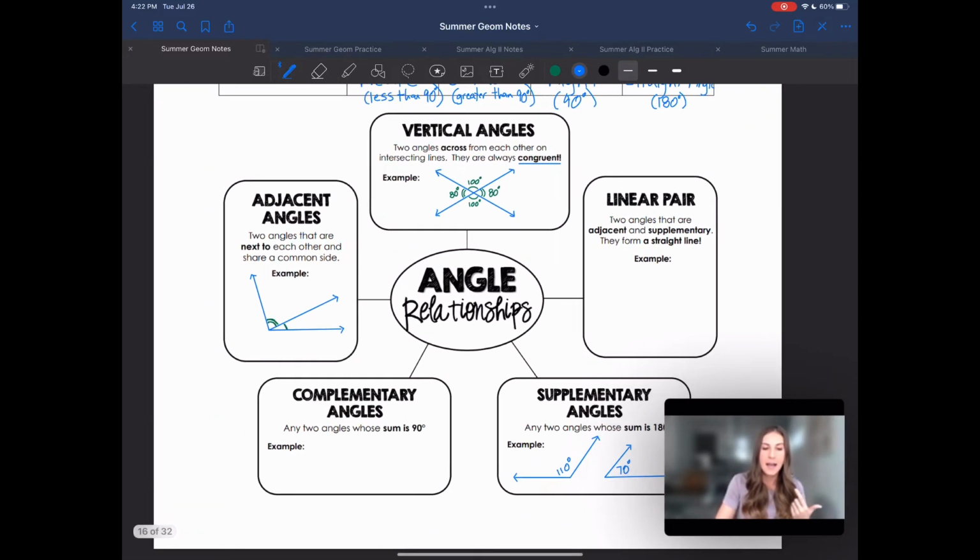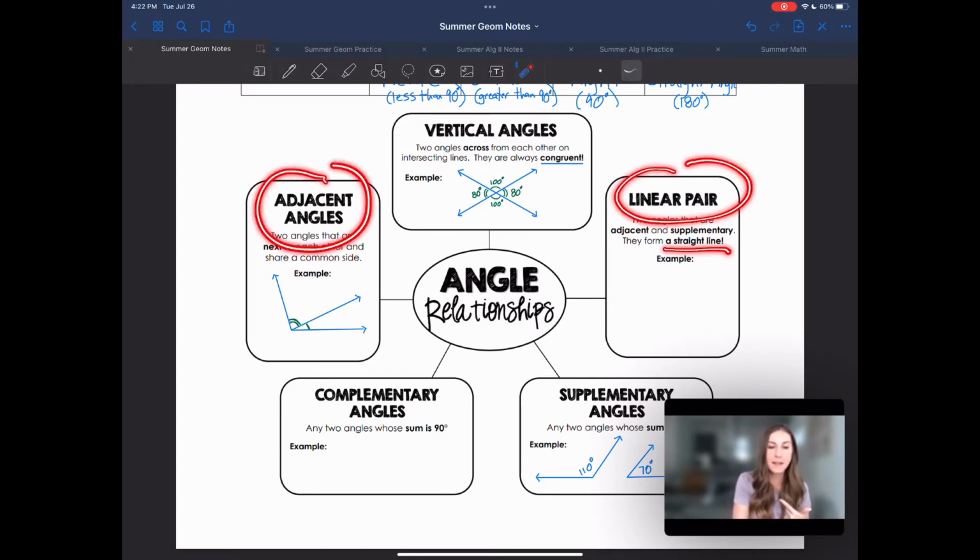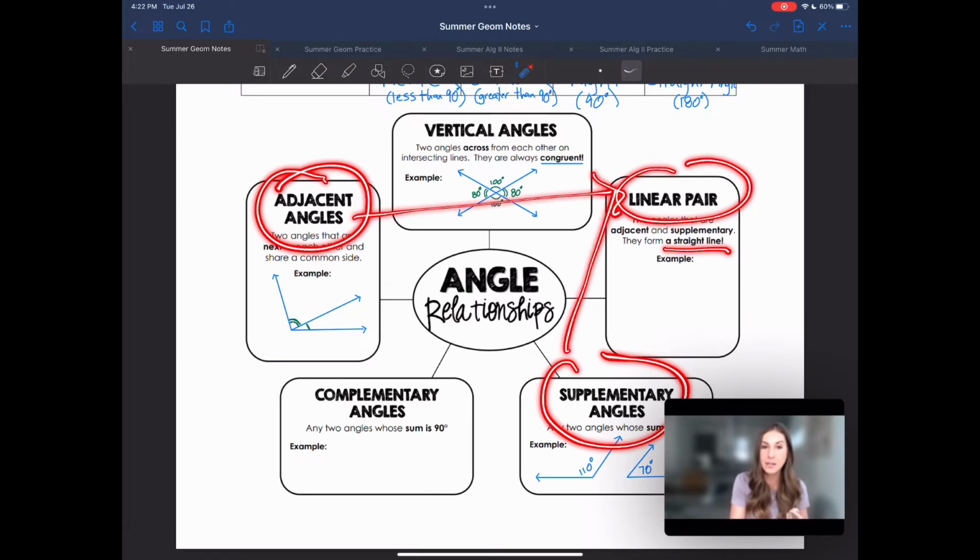All right, after that, we're going to jump over here to linear pair for a very specific reason. Now, these are two angles that are both adjacent and supplementary, and they form a straight line. So this linear pair basically combines this concept with this concept. Okay, it's a combination of both of them.